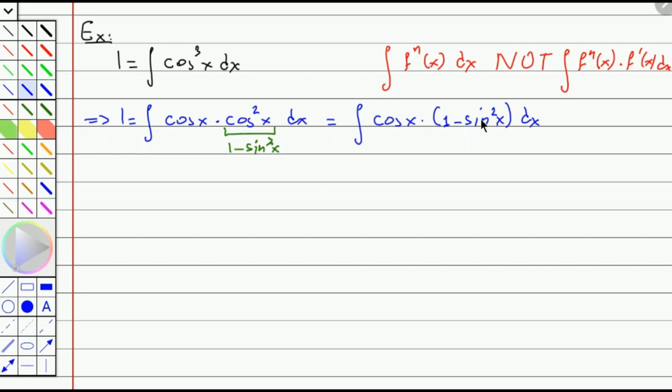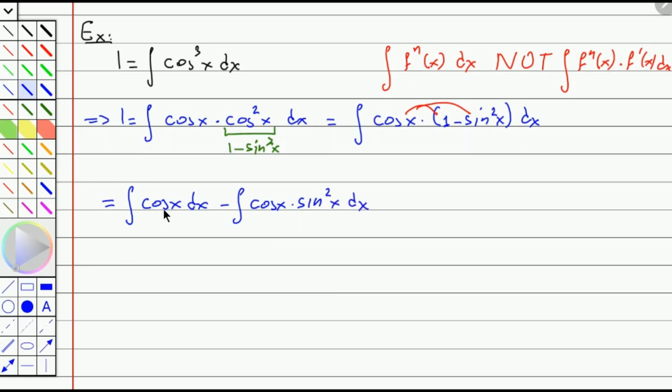And now we can expand like so, equals the integral of cosine x dx minus the integral of cosine x times sine square x dx.